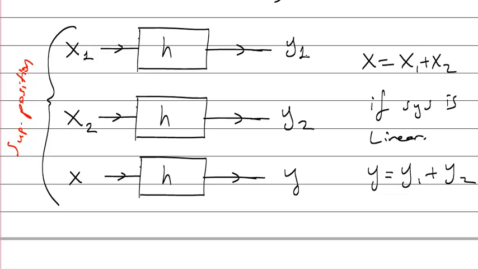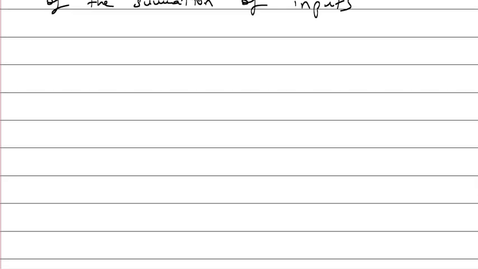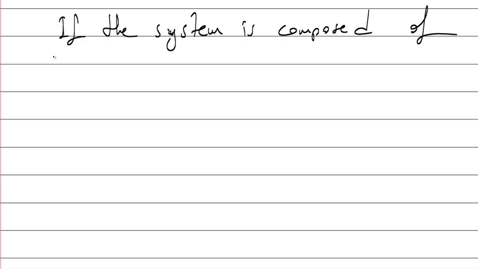So Y should be equal to Y1 plus Y2 if the system is linear. If the system is composed of linear components, it's linear. That's it.